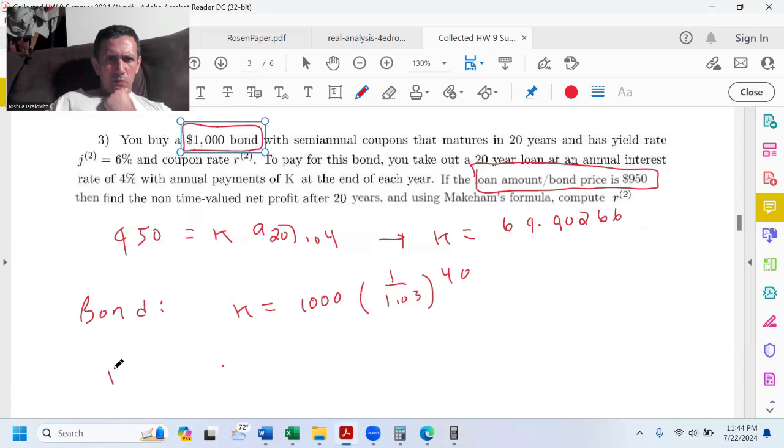All right, so price, well, it's 950. And I'm telling you it's 950.